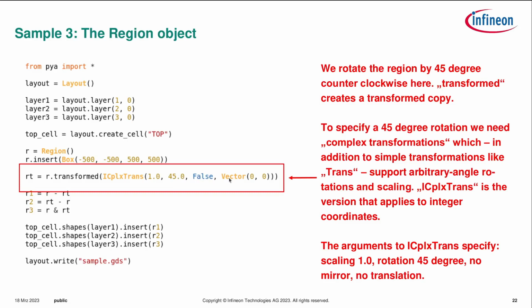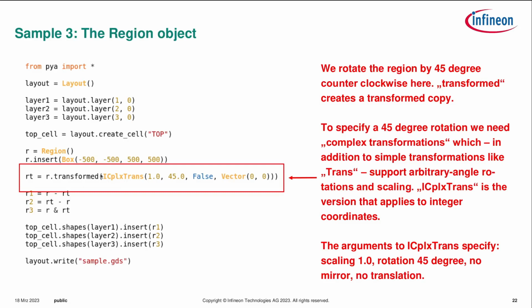So we don't mirror. And this is the displacement, and the displacement is 0. So we don't shift. And the I complex transformation indicates that I'm converting integer units to integer units. The complex transformation can also convert types. So it can convert floating point values to integers and vice versa. And this is useful in connection with the scaling feature to, for example, convert between database unit space to micrometer space, as a side note.